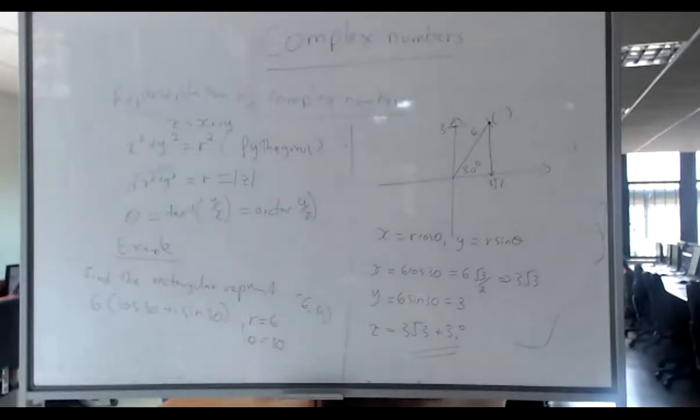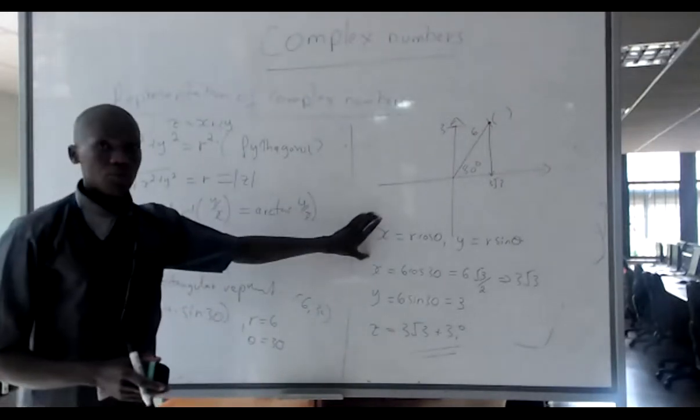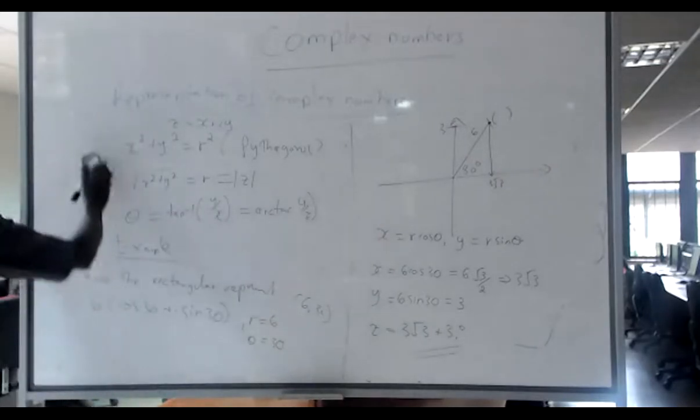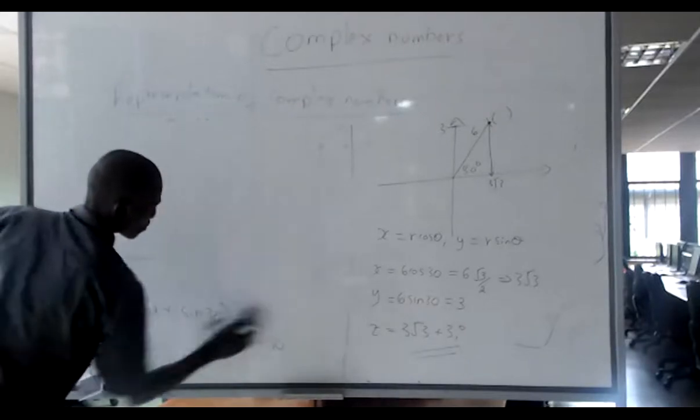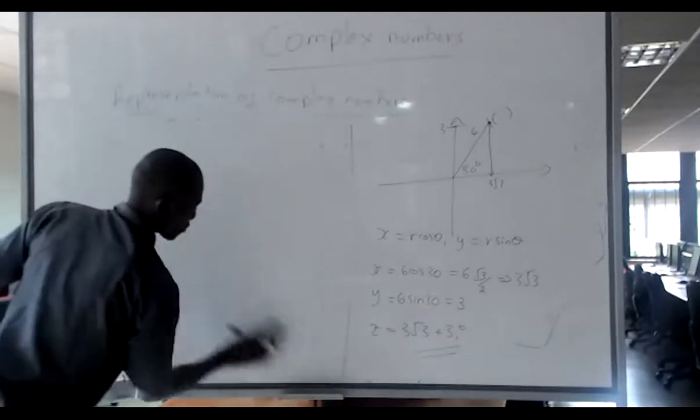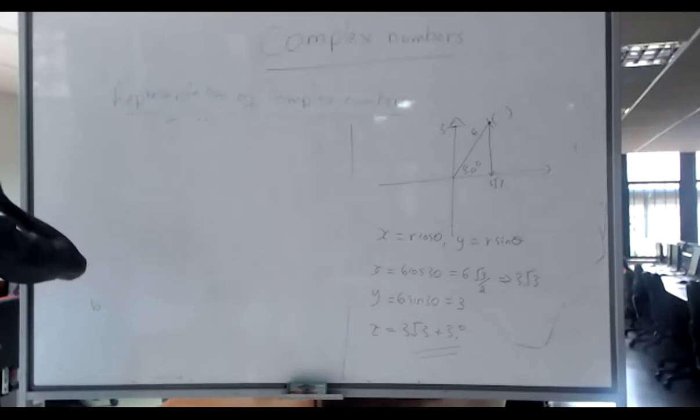How about the other way around? Suppose I give you a number in rectangular system and I want you to represent it in the polar system. Let's take a simple one.